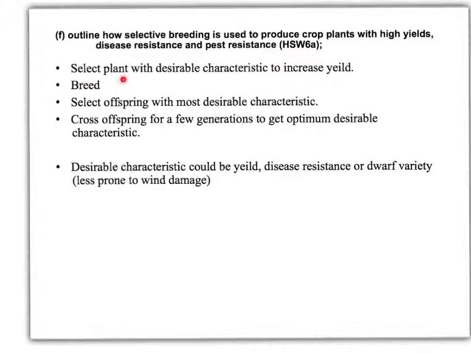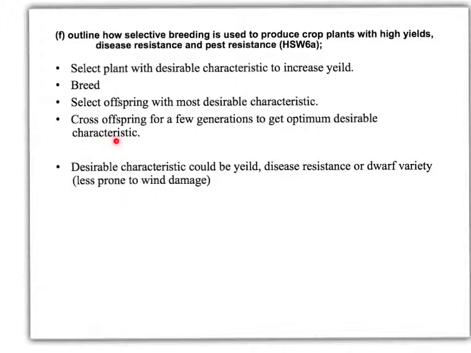So what the farmer does is select plants with desirable characteristics, then breed them, then select the offspring with the most desirable characteristics, and these could be high yield or disease resistance or pest resistance. Then he keeps crossing the offspring for a few generations, so he gets a new variety of plant which has all the optimal desirable characteristics he wants.